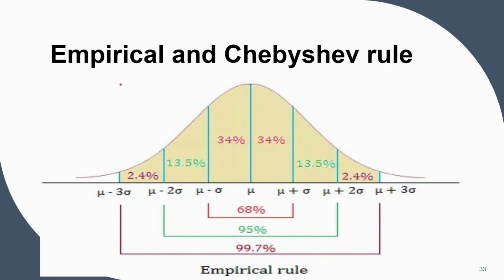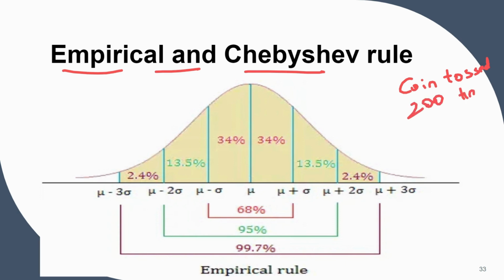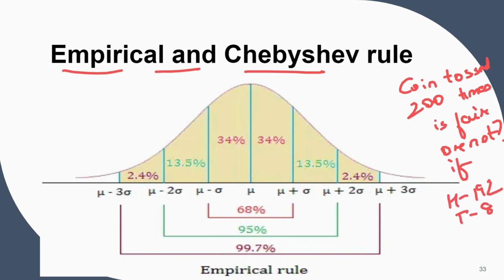We have seen that data exhibits some research question. For example, is a coin tossed 200 times fair or not, if heads is 192 and tails is 8?